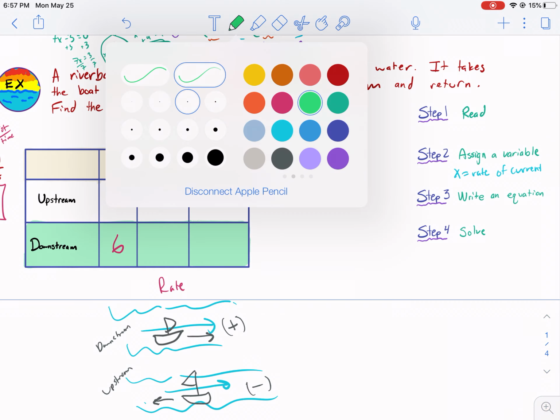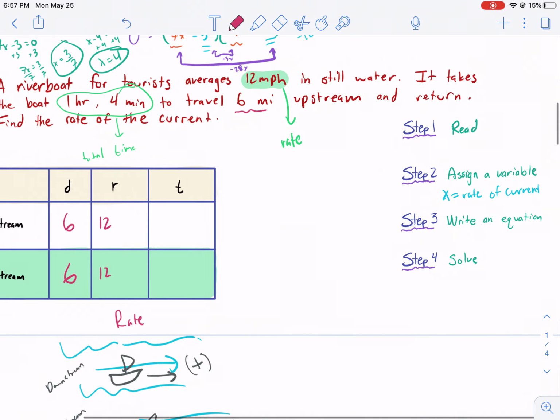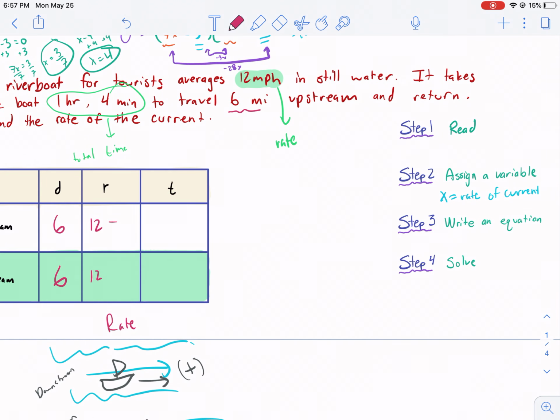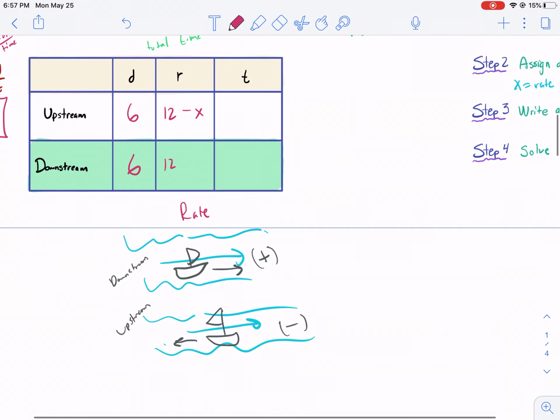Let me just keep using this pink. So we know that the rate of the boat goes 12. Now, when we go upstream, we subtract the rate of the current. We know x is the rate of the current. We assigned a variable. That's what we're looking for. So we subtract x. That means we're going to go slower. When we're going downstream, we add. We add the rate of the current. So we add x, and then because we're going faster.